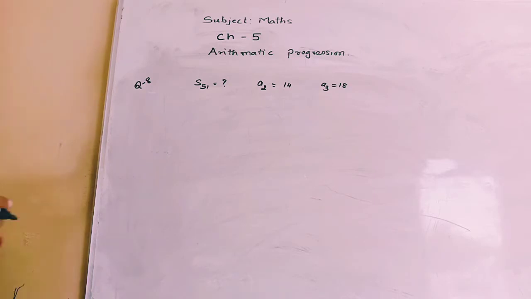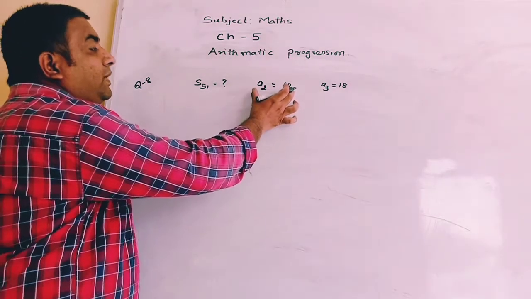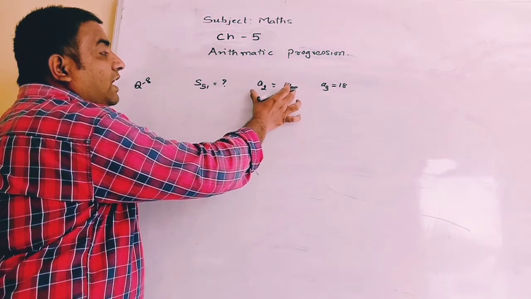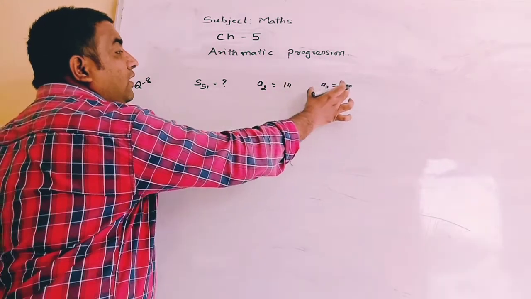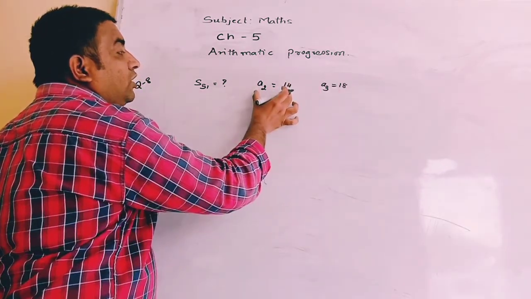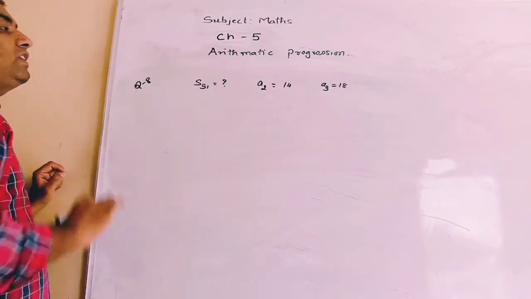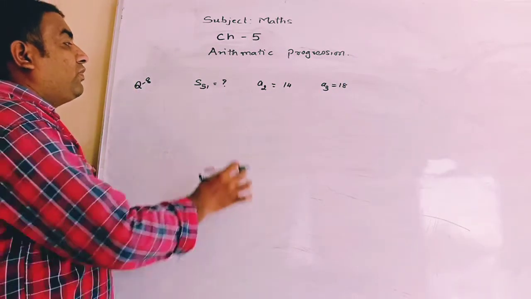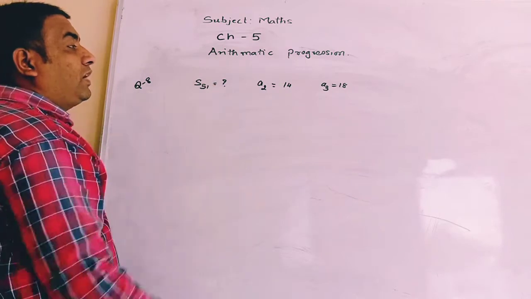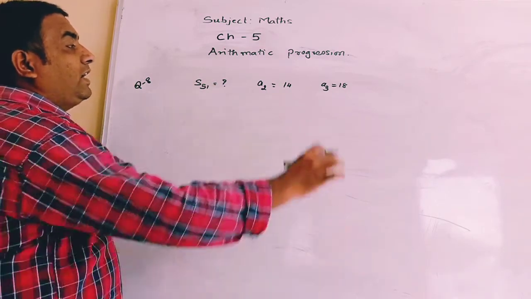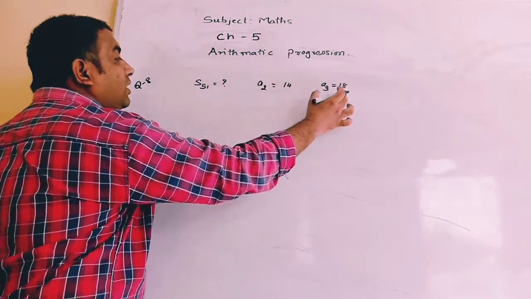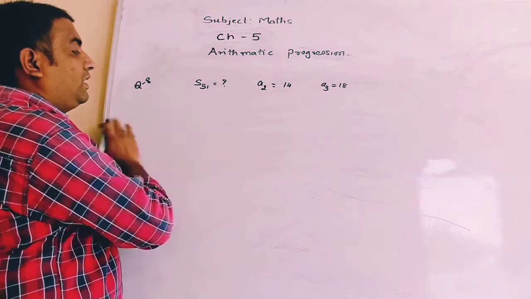So here instead of the AP, two terms of the AP are given, the second term A2 and third term A3. If we want to find the sum, we need A and D. Directly it is not given, so using these two terms we will find A and D.